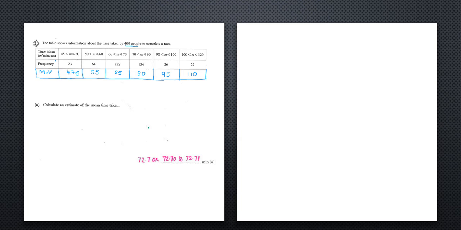So basically this is the column of frequency f, and now we're going to treat this as x, the variable which is changing in terms of the mid value. So the next column that we need is the fx column, wherein we multiply the frequency with the mid value. I'm going to write the answers for f multiplied by x in the last column here.